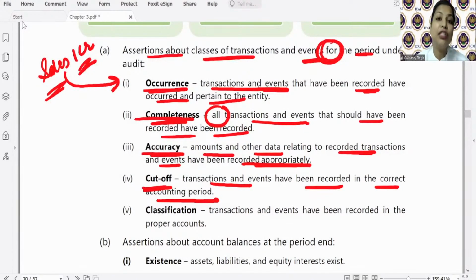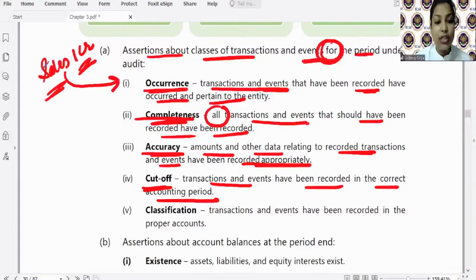If any advance rent has been received, and any income is there in the form of rent income for 13 months, then only the rent income of 12 months has been considered in the P&L. One month's income has been shown as what? The rent received in advance, right? So cutoff, that is relating to the correct period.